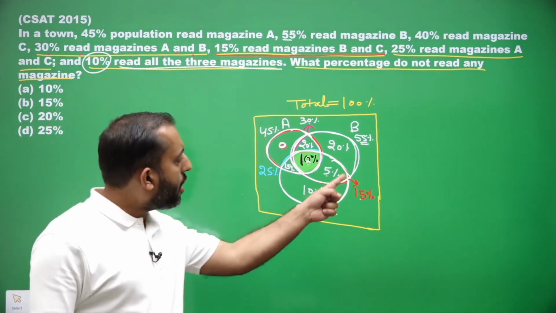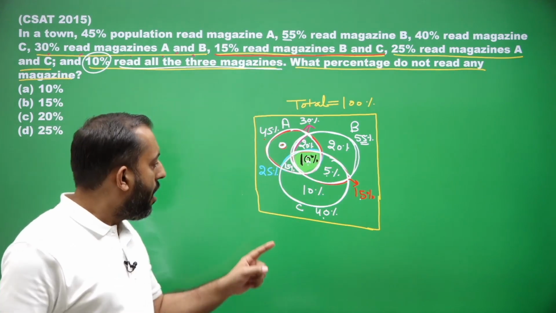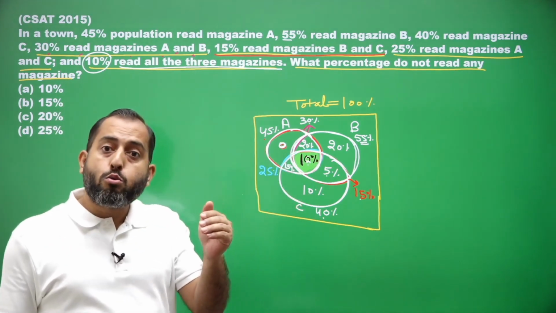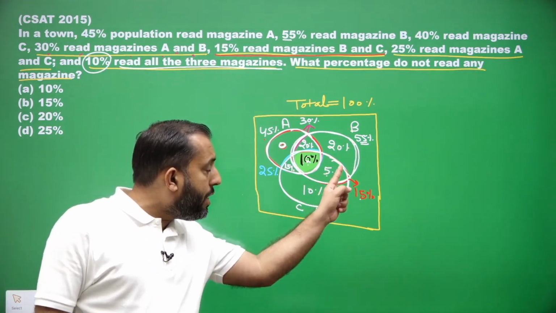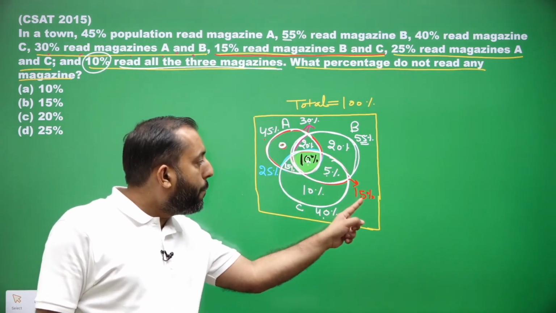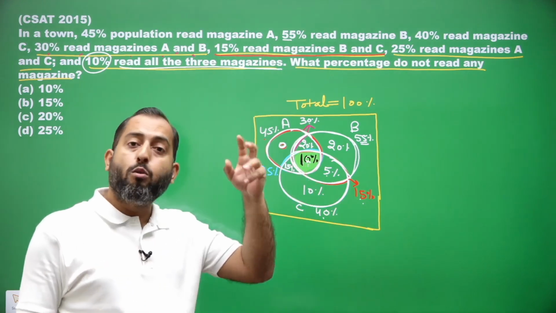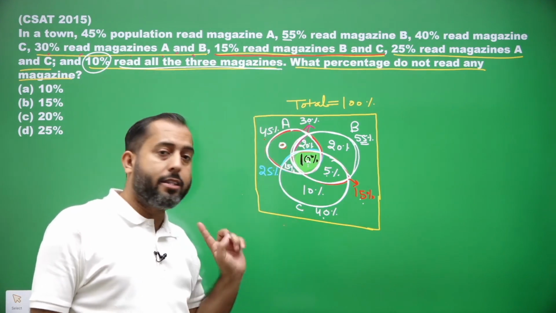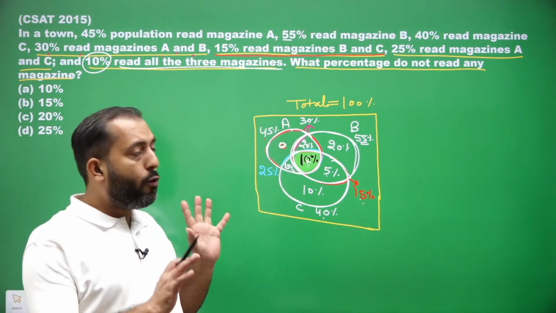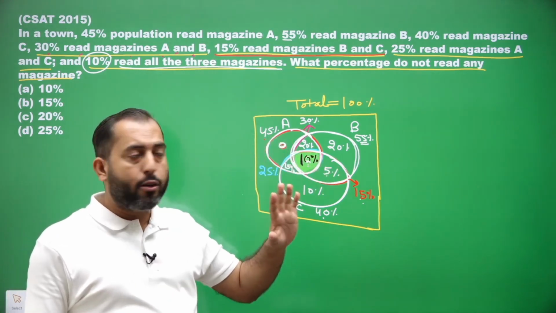So this complete circle of C has been divided into 4 regions. 10% belongs to only C, 5% belongs to only B and C, 10% belongs to all three, and 15% belongs to only A and C. I hope how to find out values of different regions is clear to all of you.